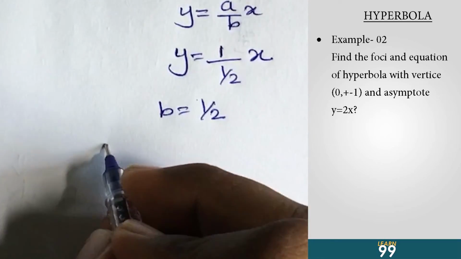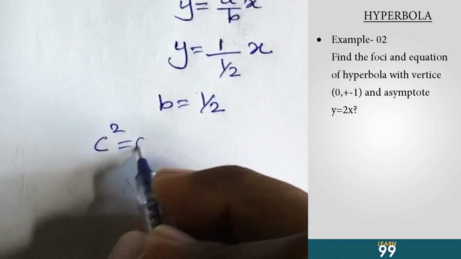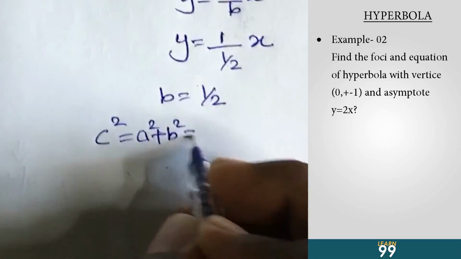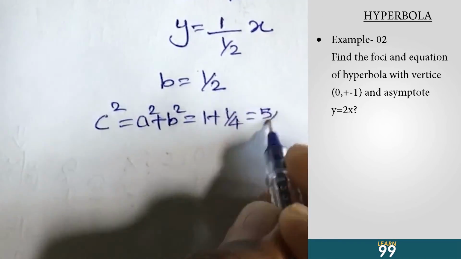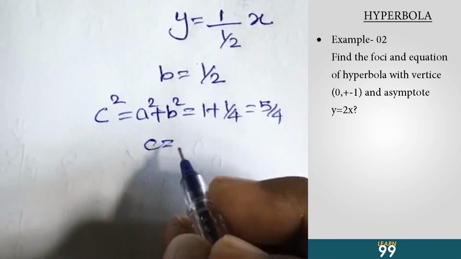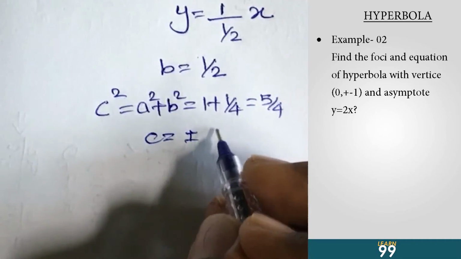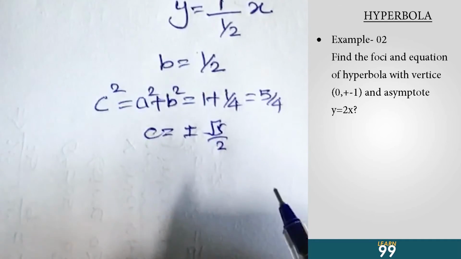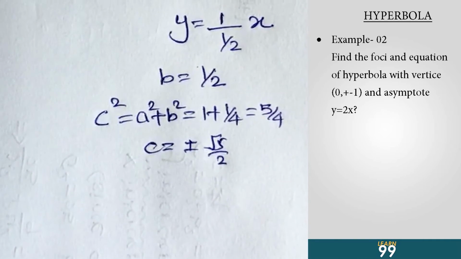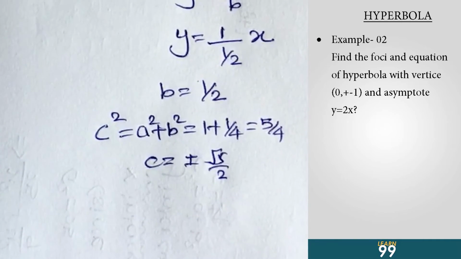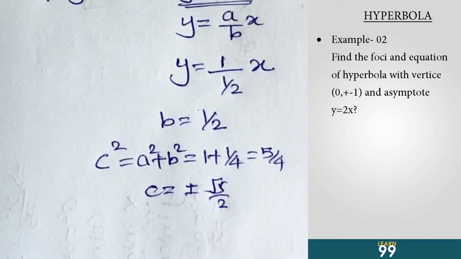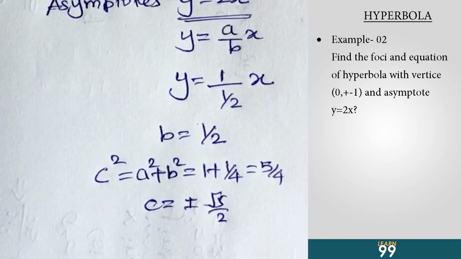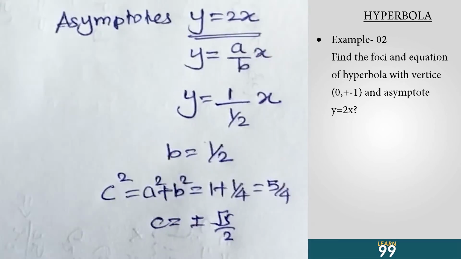So let's find the c value. C squared equal 1 plus 1 by 4, which is 5 over 4. Then our c value is plus or minus root 5 by 2. Okay, since we know all the sufficient values to find the equation of the hyperbola, let's find it.